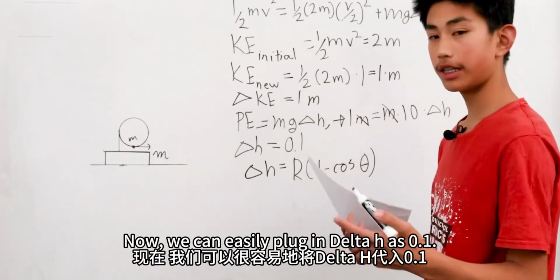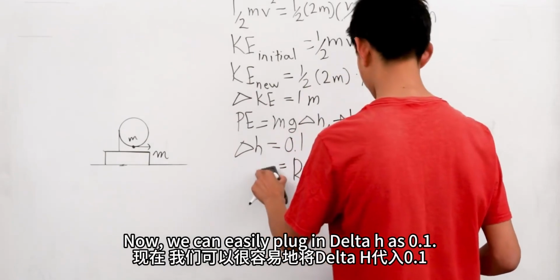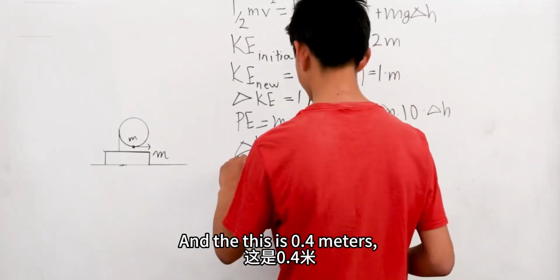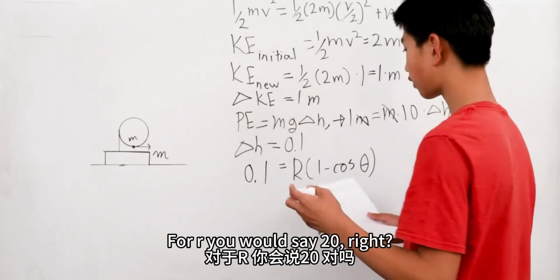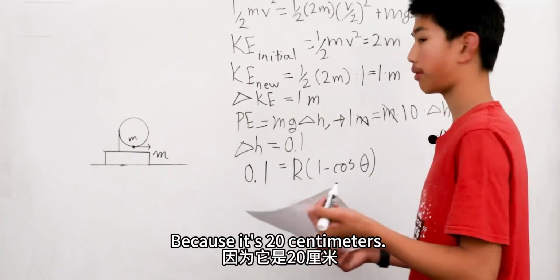Now, we can plug in delta h as 0.1 meters. Now for r, you would say 20, right, because it's 20 centimeters.